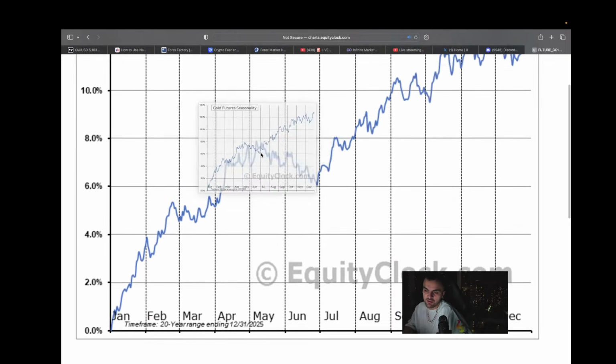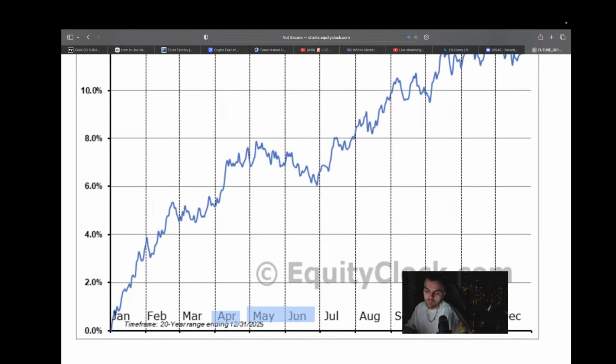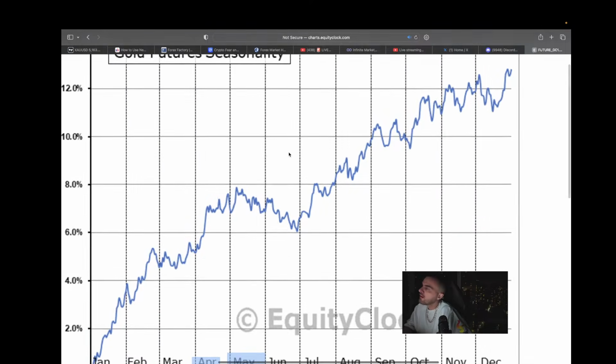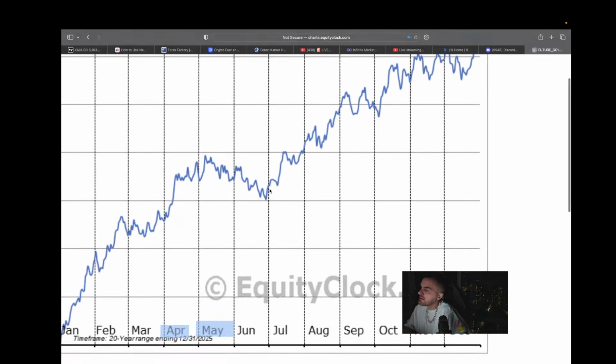After the April, May phase, you can see how price tops out, consolidates, and stays sideways. It's not just going up; there's more equal up and down, and some months are more down. But then the stronger phases again are going into August, September, October.